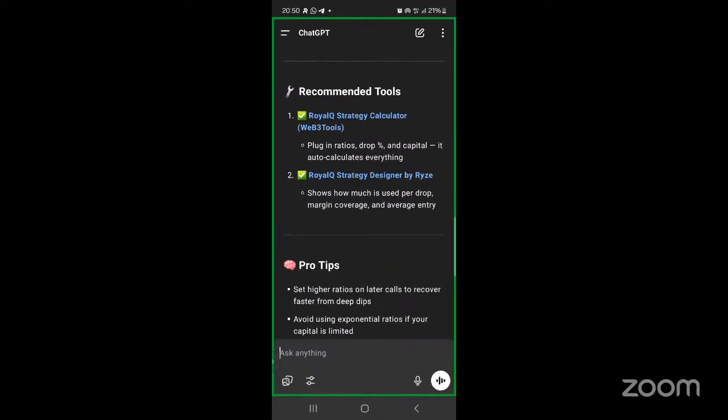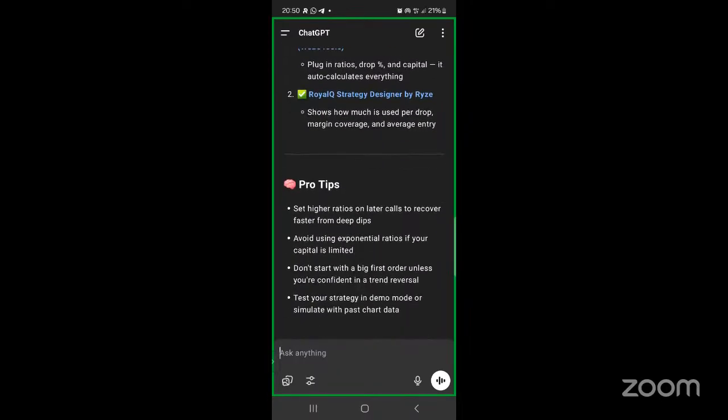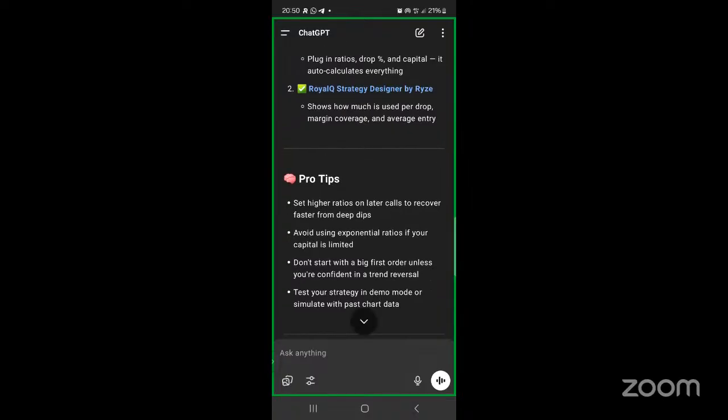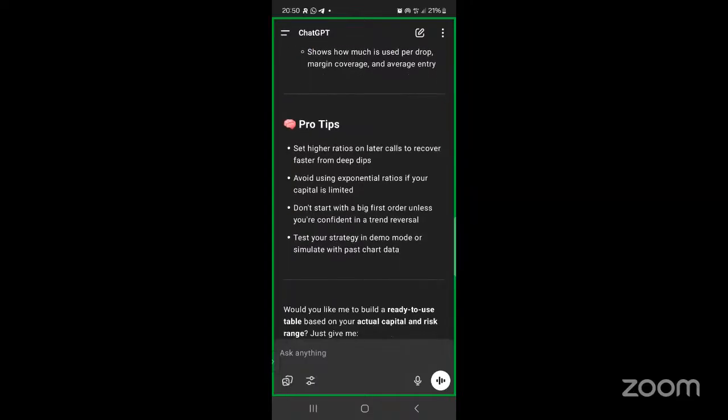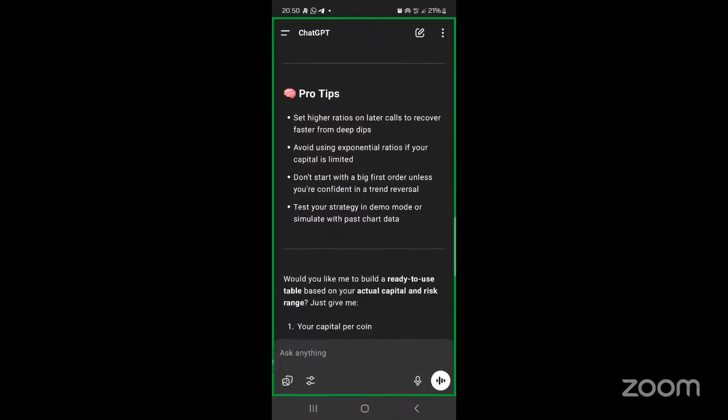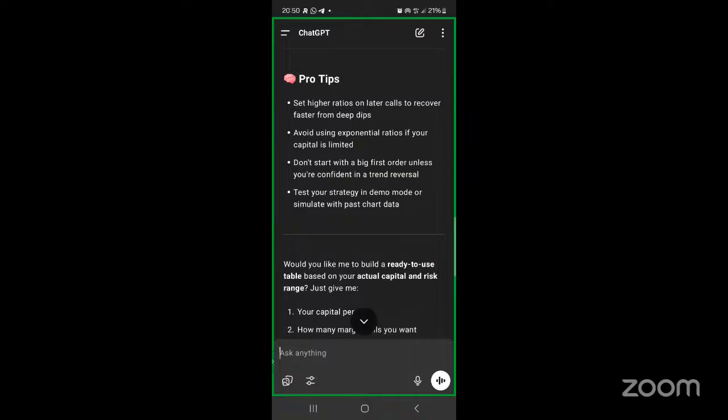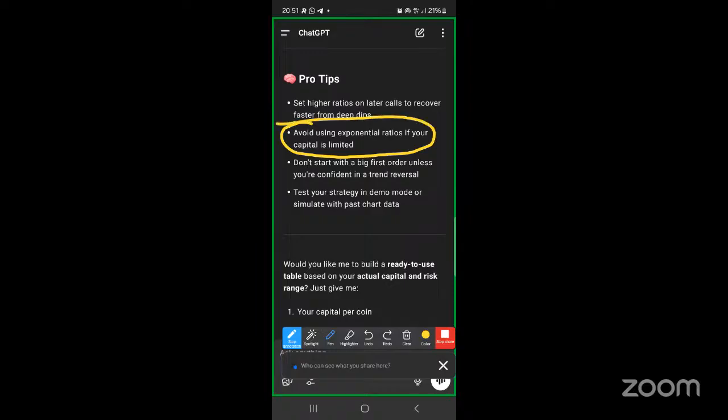Recommended tools. Avoid using exponential ratios.